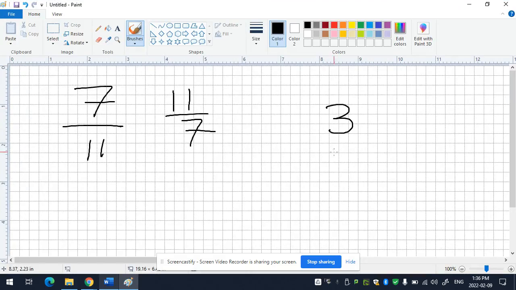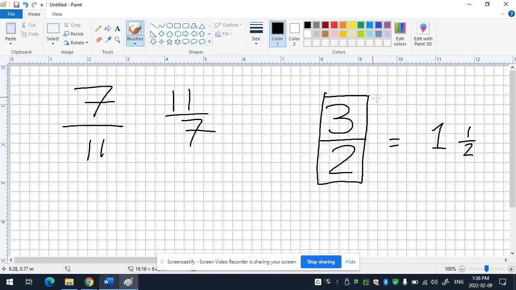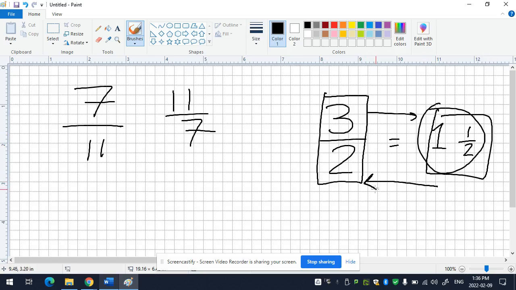Like 3/2 could be written as one and a half. If you divide $3 by two people, each person equally gets $1.50. So one and a half. This is our lesson on Friday. We will learn how to start with improper and make it mixed, and how to start with mixed and sometimes make it improper. So you don't have to worry about it today.